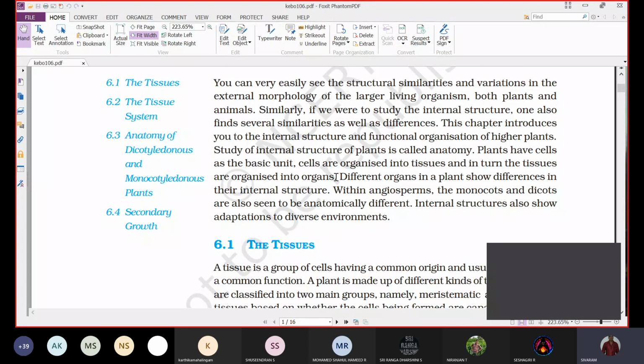So different plants show different tissues and their arrangement according to the environment, that means in temperate regions, tropical regions, and subtropical regions, and aquatic plants show a different tissue arrangement. That is what we'll discuss here. First of all, tissues. What is a tissue?